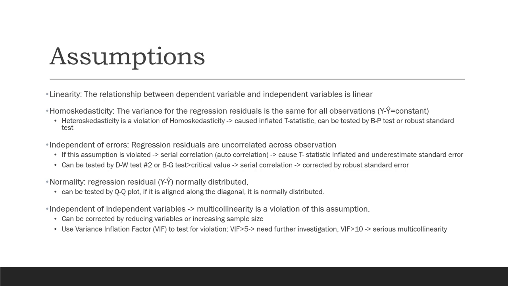If the independent variables are correlated or related to each other, you can correct it by reducing the variables. For example, when you remove one independent variable, the correlation between them disappears. Another way you can do is increasing the sample size. If you want to test it, you can use the variance inflation factor.